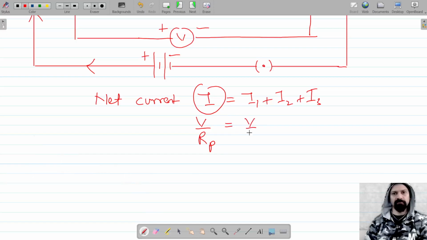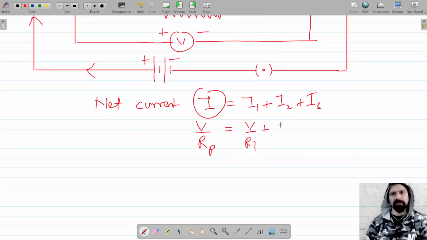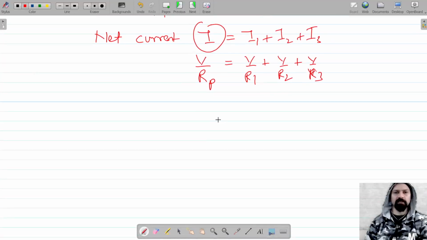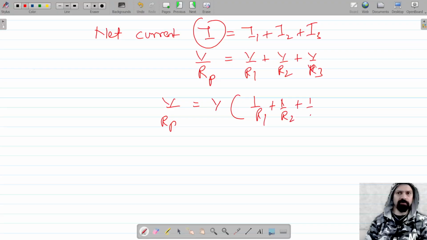And I1 will be V by R1. Potential difference will remain the same for each of these resistors, and the current varies. So this is V by R2 and this is V by R3. Okay, so this is V upon RP is equal to V common, 1 upon R1 plus 1 upon R2 plus 1 upon R3. So V gets cancelled.